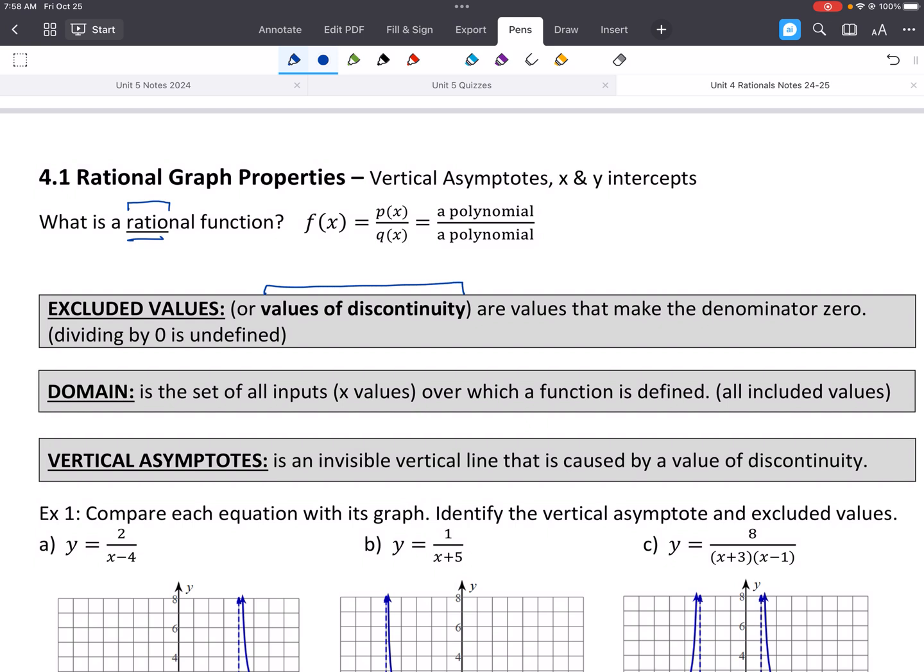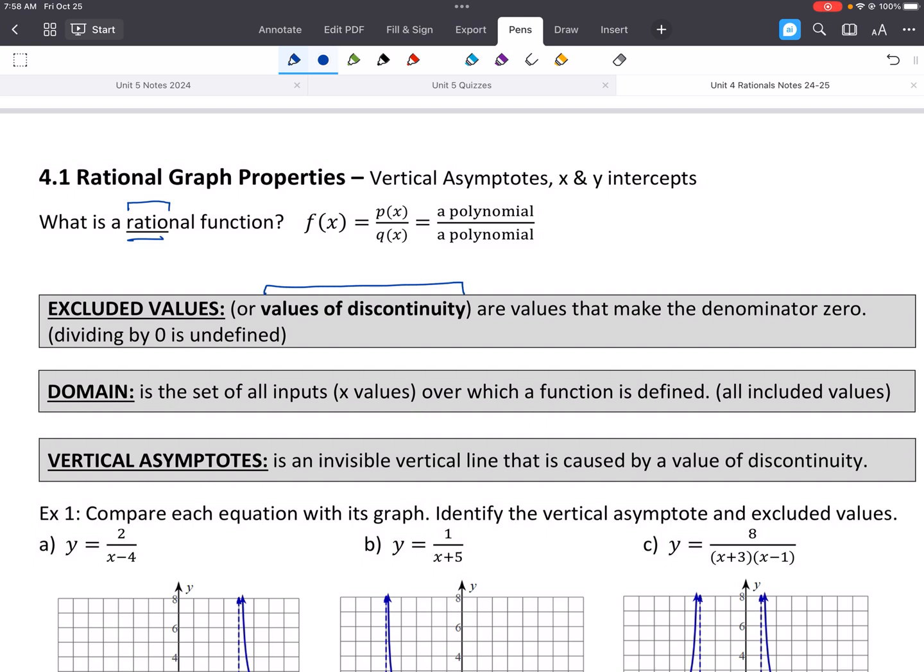Okay, these are the values that make the denominator 0. So dividing by 0 is undefined, right? So that's why we call it discontinuity. So it's a break in the graph. Domain is everything but those excluded values. So domain is all the possible inputs or x values over which the function is defined.